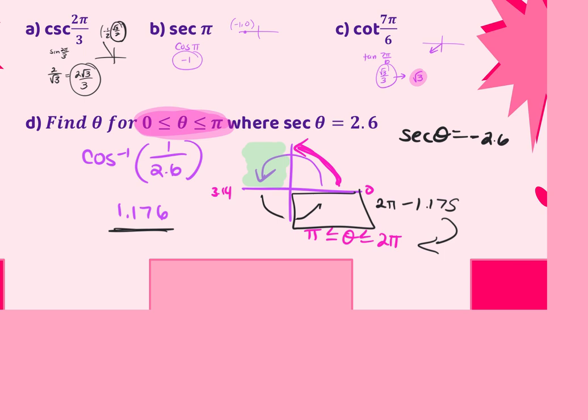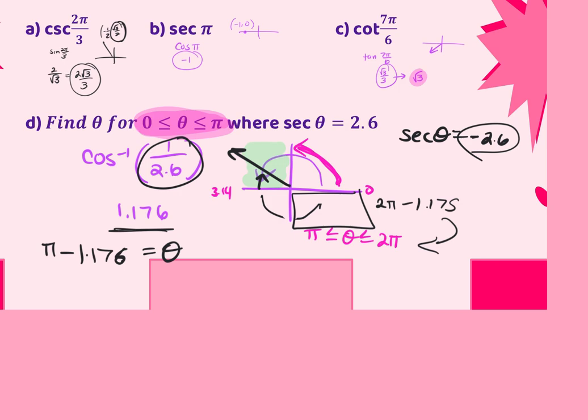So I still do this, even though this is negative, I treat it as though it's positive to find the reference angle. And then I want the angle that is 1.176 away from my x-axis, which is pi. So I would do pi minus 1.176 to get that theta, if it had given the negative cosine.